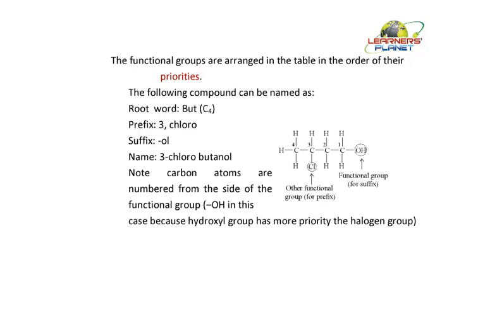Okay, so it is increasing priorities. So these are arranged in the order of their increasing priorities, right? Except the double and the triple bonds.